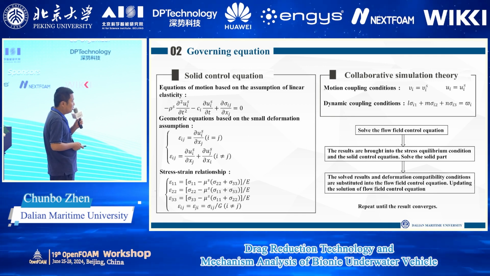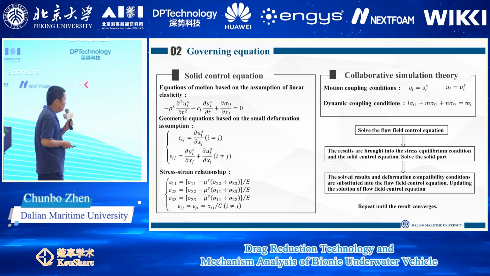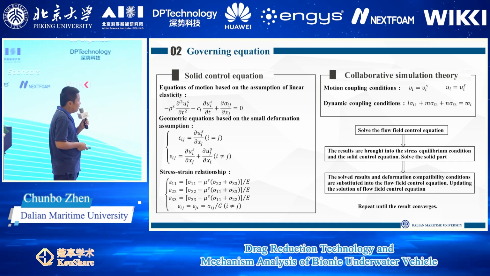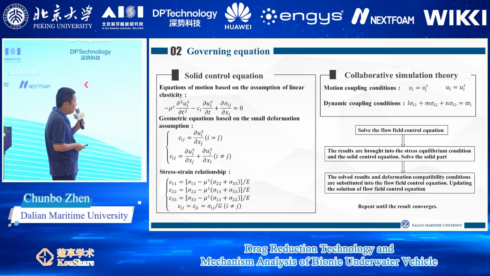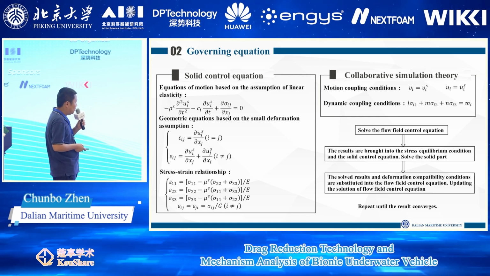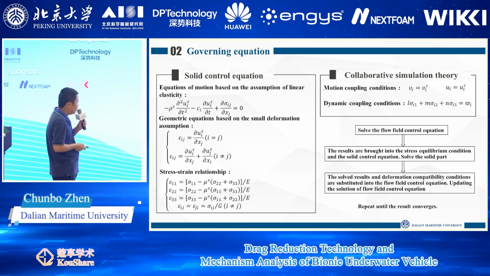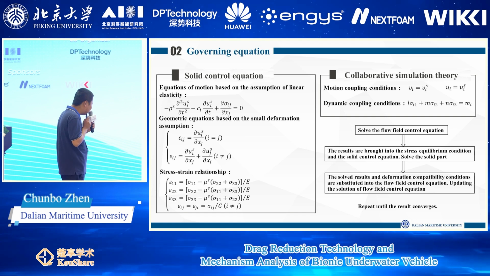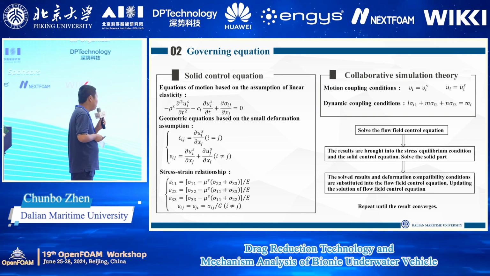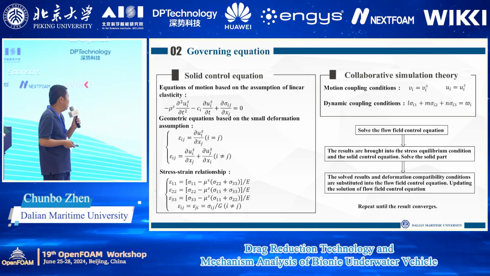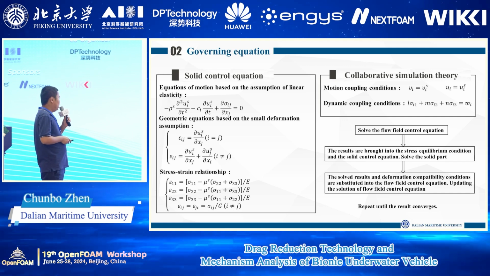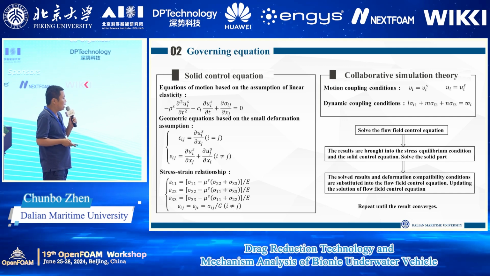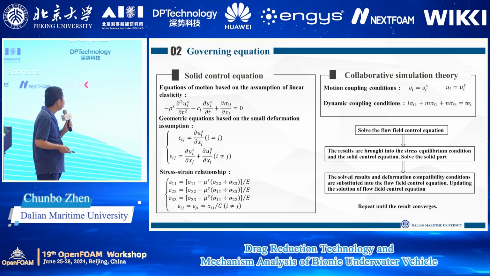Solve the solid part, and then the solved result and the deformation compatibility conditions are substituted into the flow field control equation, updating the solution of the flow field control equation, and finally repeat until the result converges.